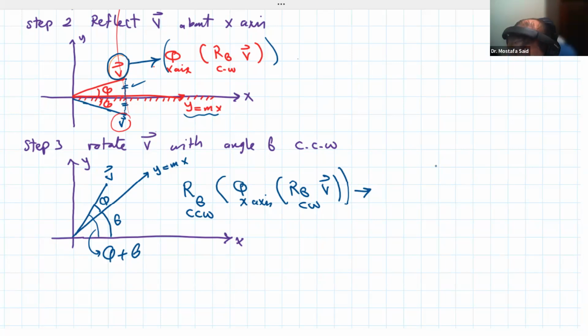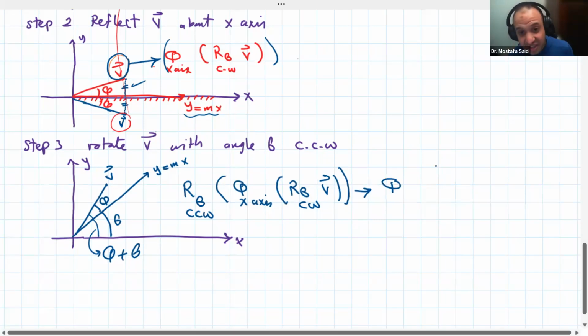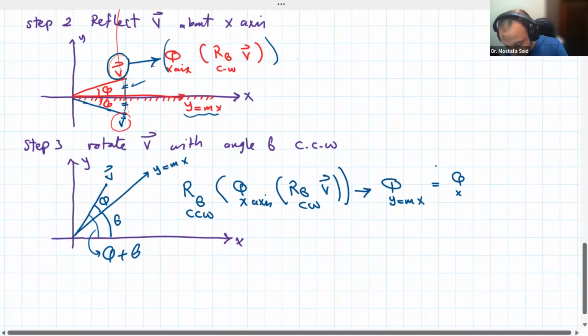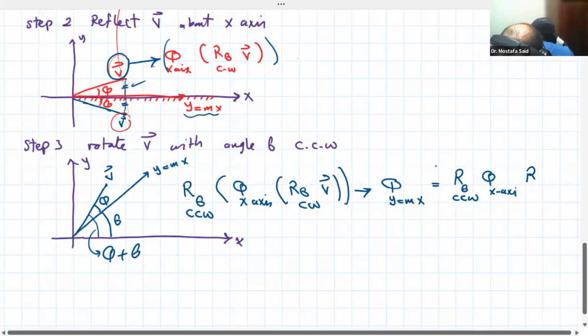The reflection matrix Q y equals mx, the reflection matrix that will reflect a vector around y equal to mx, equals r theta counterclockwise multiplied by q x-axis, a reflection around the x-axis, multiplied by r theta clockwise.